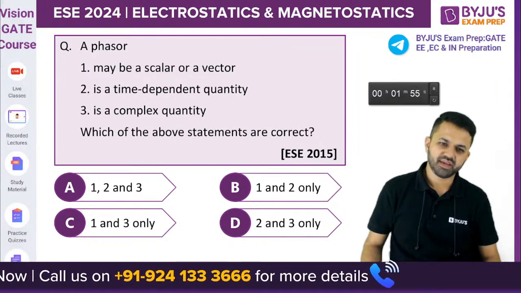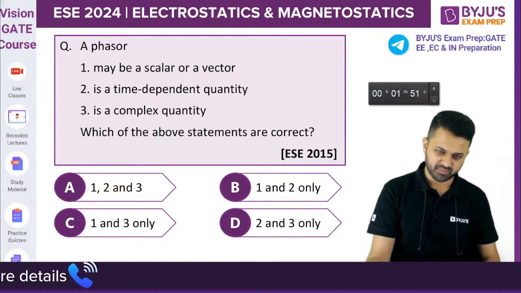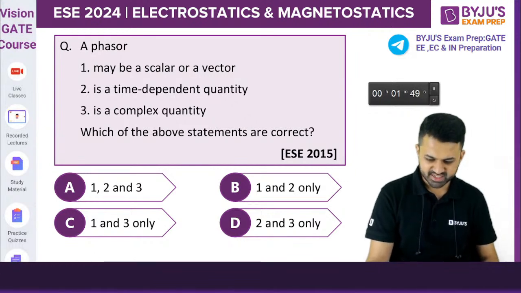A phasor may be a scalar or a vector. A phasor is a time dependent quantity and is a complex quantity.